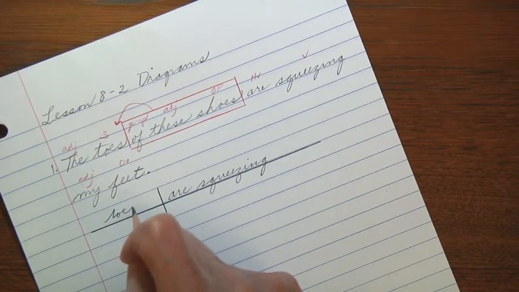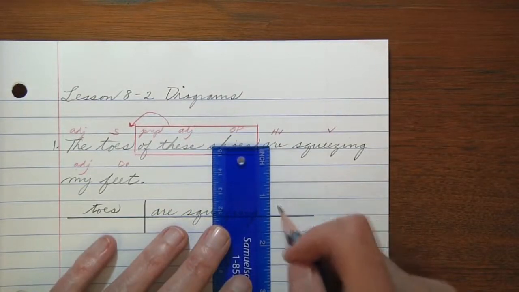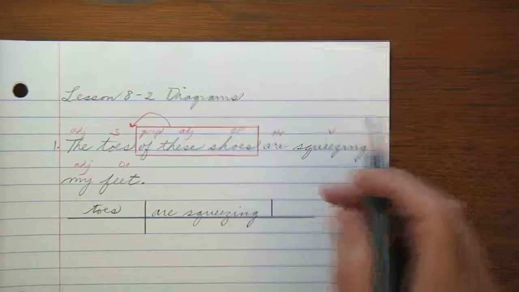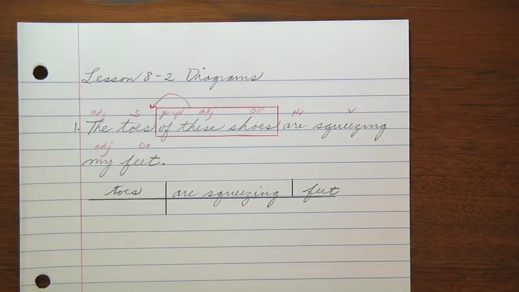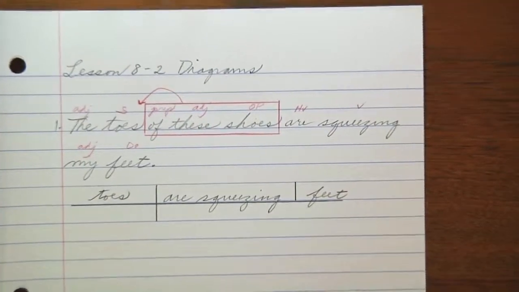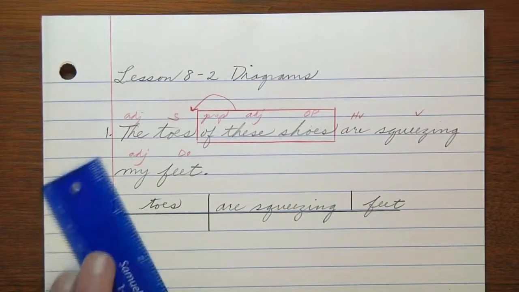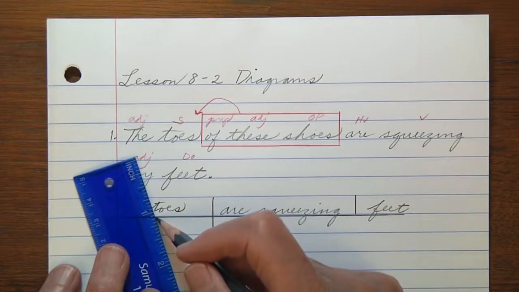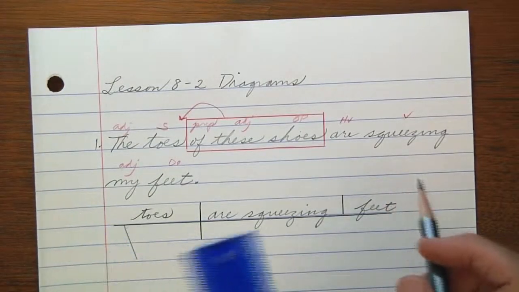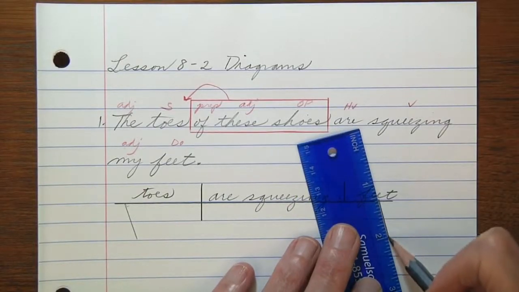Toes are squeezing feet. Put it a little closer. The toes are squeezing my feet, so we'll put in our adjectives and then I'll show you about the prepositional phrases, okay?